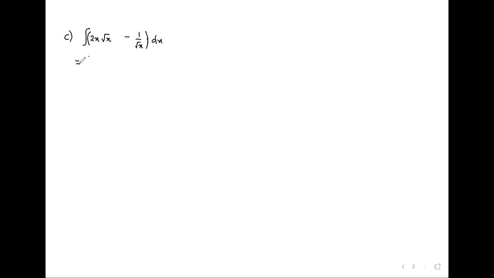So this is the same as the integral of 2x times x to the power half minus x to the power -half dx. So if we multiply, we'll get x to the 1 plus half, we get 3/2, and then minus x to the -1/2 dx.